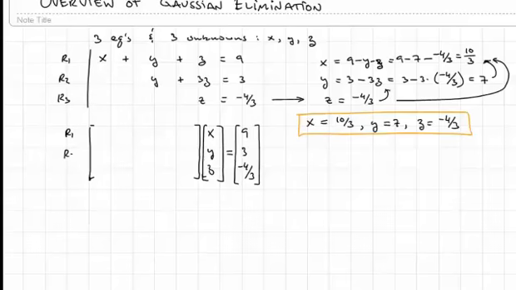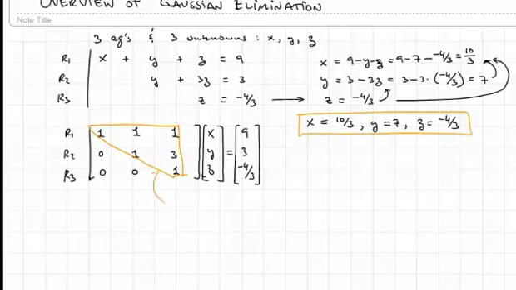So we'll repeat that here. We have 1x plus 1y plus 1z. In the second row, we have 0x plus 1y plus 3z. In the third row, we have 0x plus 0y plus 1z. And what we see here is what's supposed to be an upper triangle. I can't seem to draw it right.